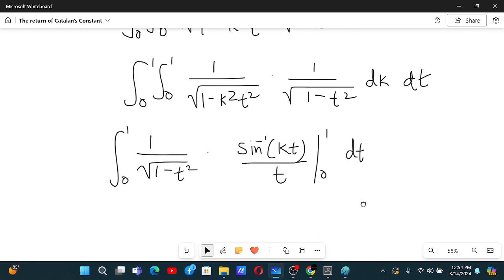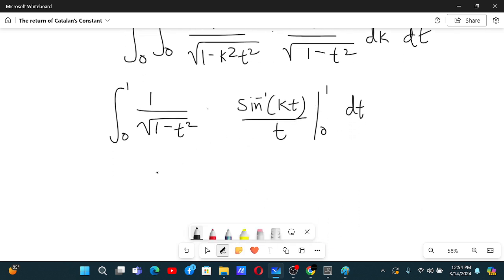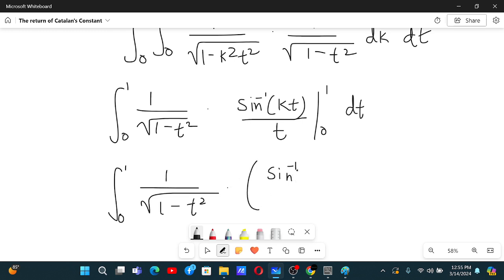Now if you try to find its value at the given limits, we get 1 by root under 1 minus t square. At 1, this is just sin inverse t by t, and when k is 0, this is just 0.